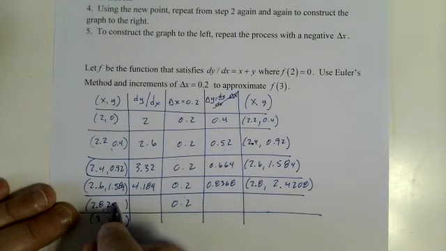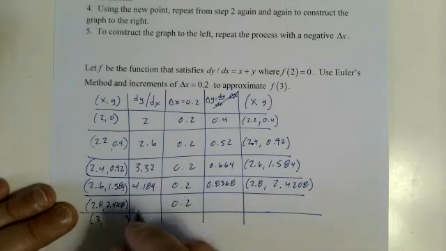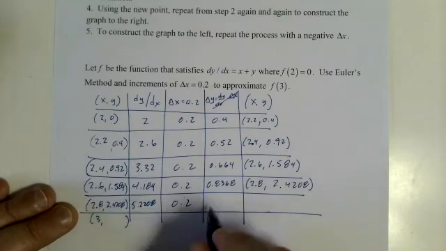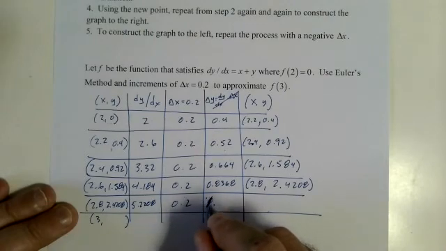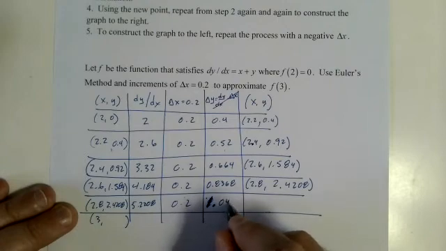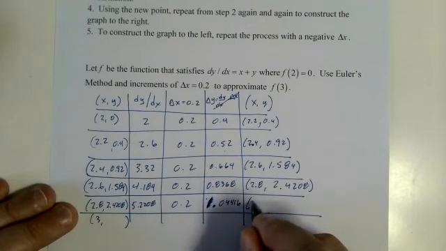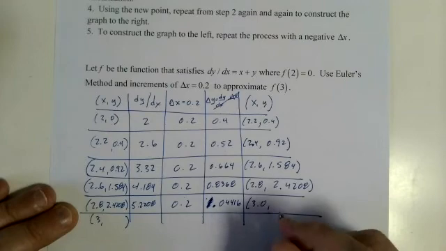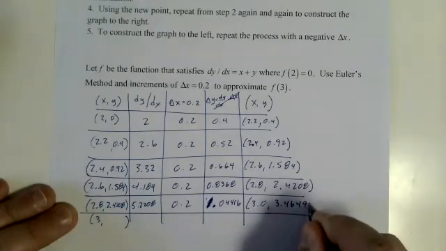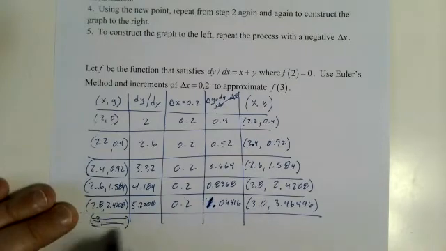Add them, 5.2208. Multiply, 1.04416. Add them, 3.0, 3.46496. I'm not going to do this.